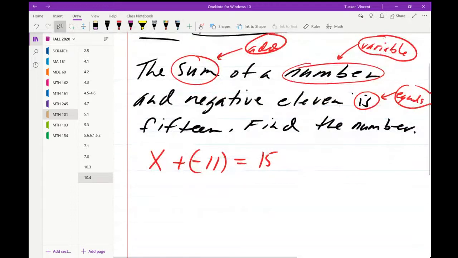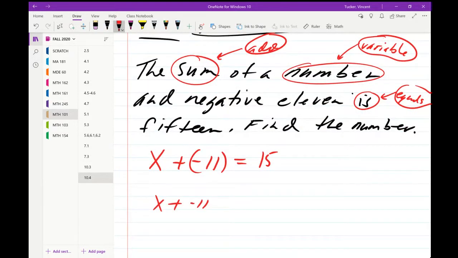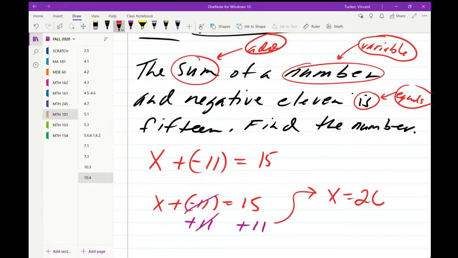So from here, we can go ahead and solve. Add 11 to both sides. X is equal to 26.